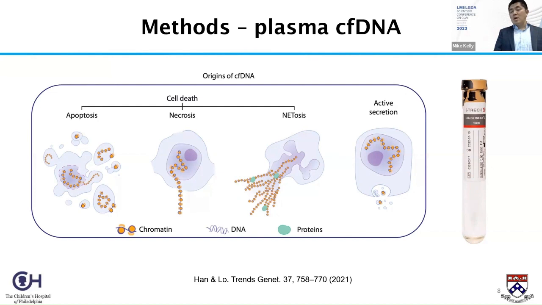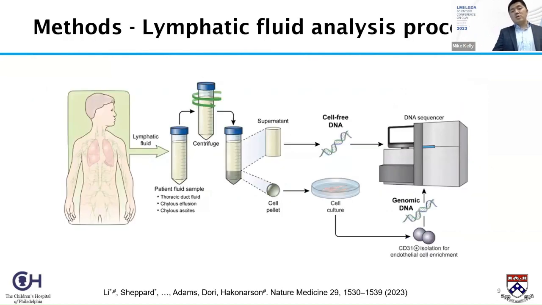Again, to get around the limitation of the tissue biopsy, we get the lymphatic fluid sample. We first centrifuge the sample, and from the supernatant we isolate cell-free DNA, and from the cell pellet we try to expand cells with endothelial-specific media to get some enrichment, and then we sequence those DNA.